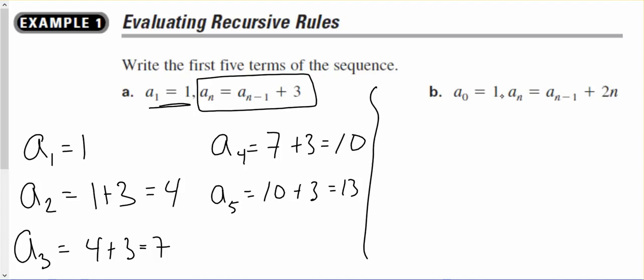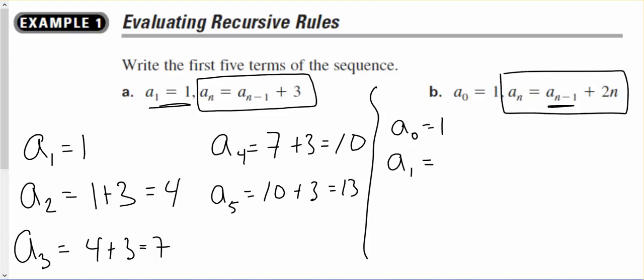Here's something that's not linear. We don't have a common difference, but it's still a recursive rule because a sub n minus 1 means our previous term. So what they give us here is they say, okay, our 0 term is 1. So the next term that we'd want would be our first term. And how I read this equation is: the term we're on is going to be the term before plus 2 times the term that we're on, meaning the number of the term that we're on here for this n.